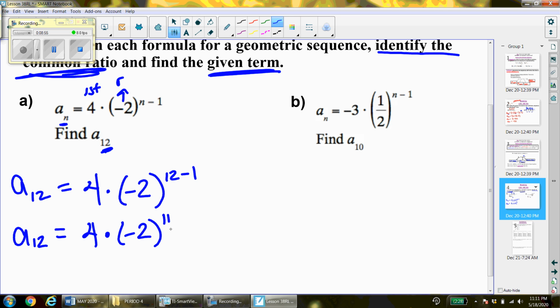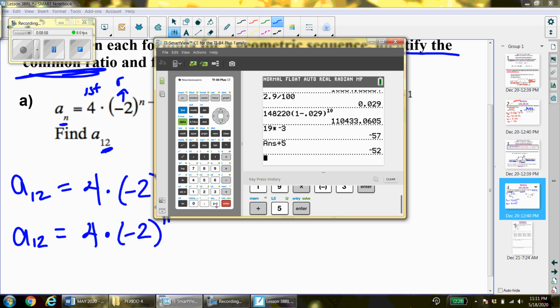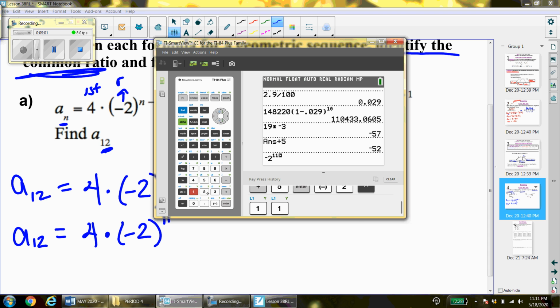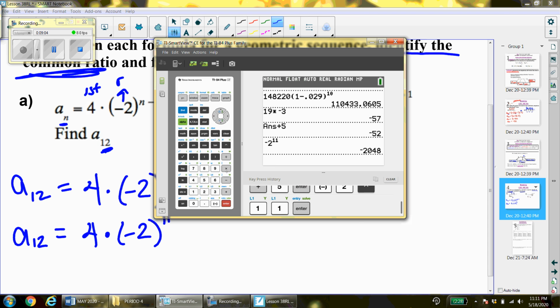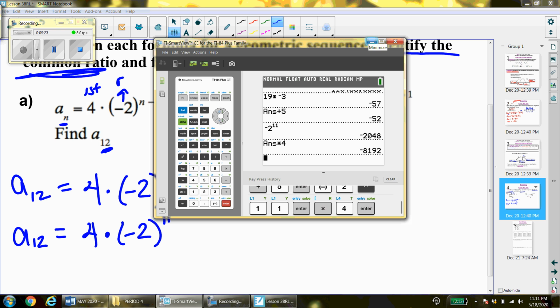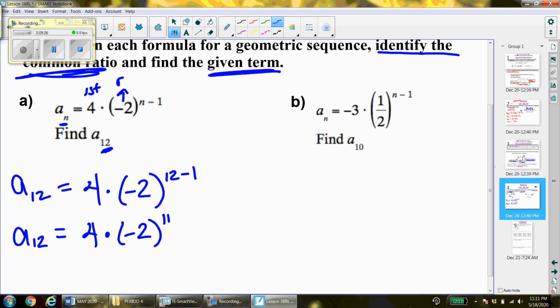That becomes 11, -2 raised to the 11th power times 4. That gives -8192. This is our 12th term.